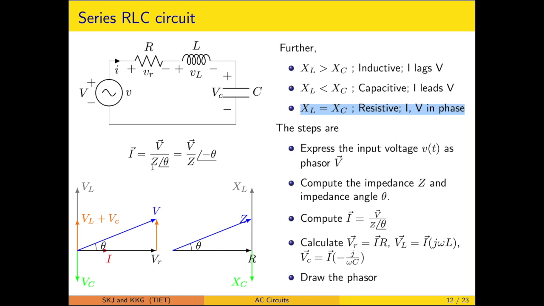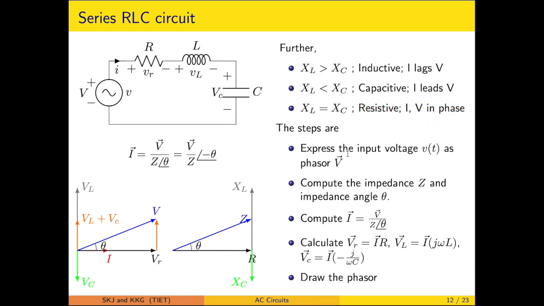As mentioned, this is for the case where XL is greater than XC, so the resulting value, the sum of VC plus VL, is drawn like this. This gives the angle theta, so the voltage V will be leading the current I by angle theta. You can rotate it by any angle, so the current I will be lagging by the same angle theta. On similar lines, we can have the impedance angle and so on.